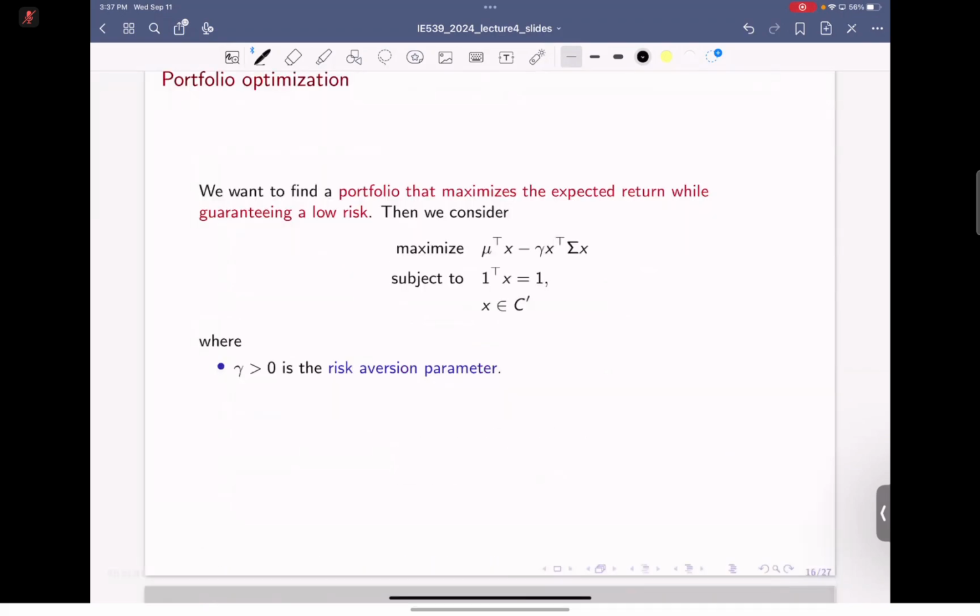Depending on how willing you are to take risk, you can choose a different value for gamma. If gamma is 0, then you are completely agnostic to the risk, and you might be managing a hedge fund. If you set a very large value for gamma, then your sole objective is to control the risk while sacrificing the return value.